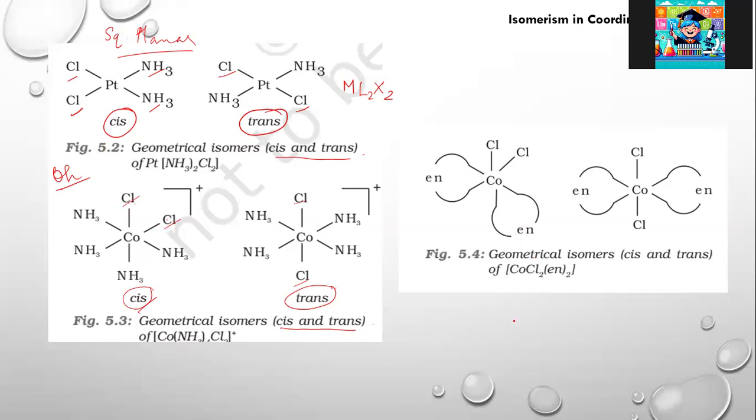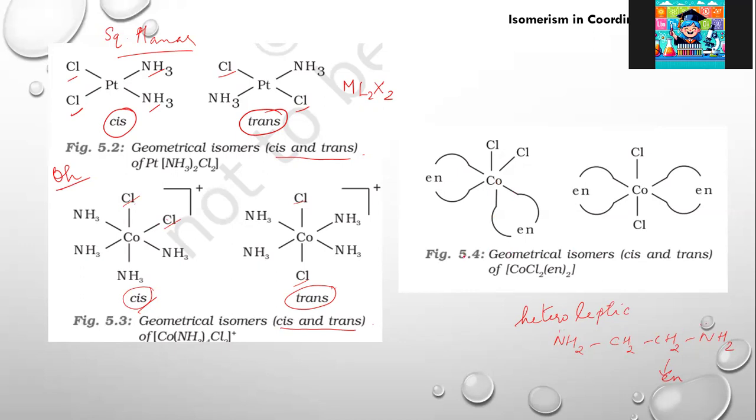Now coming to complexes where heteroleptic ligands are used. Heteroleptic we have studied in earlier classes. What is this? That means a single ligand is coordinated to the metal via two sides. An example of such a ligand is en. En means ethane-1,2-diamine, NH2CH2CH2NH2, abbreviated as en. Both the nitrogens can be used for coordinating to the metal.